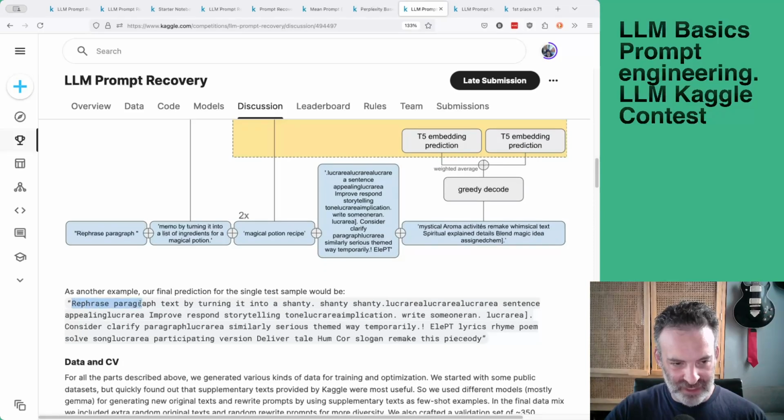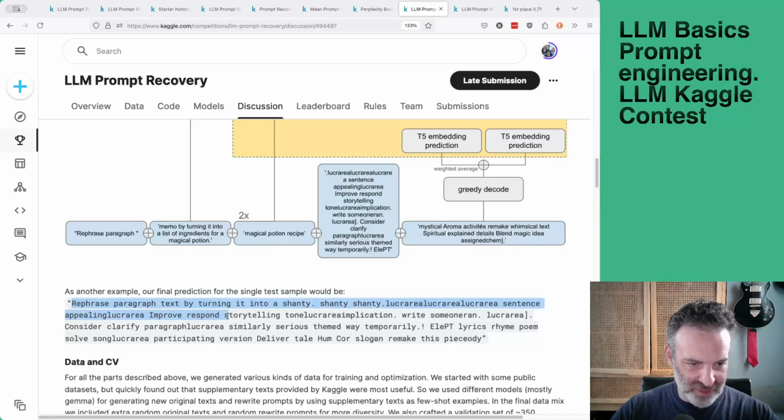For example, the one sample that Kaggle gave you was rephrase this text by turning it into a sea shanty. The way his final prediction would go is rephrase the text by turning into shanty, shanty, shanty, nonsense words, sentence. It's just crazy.